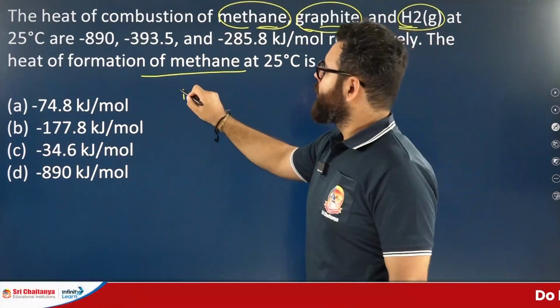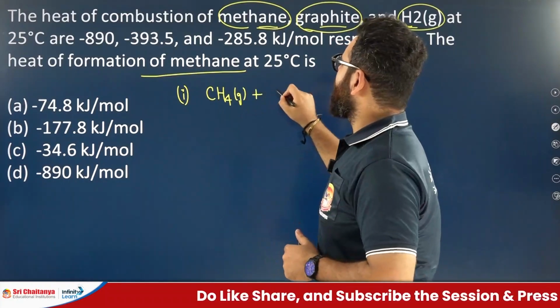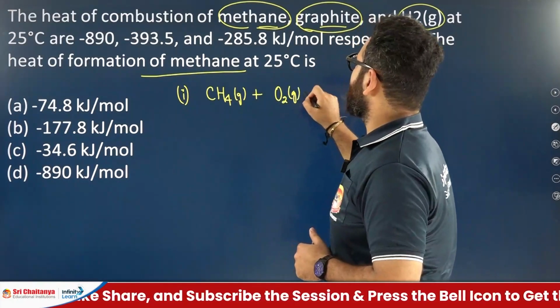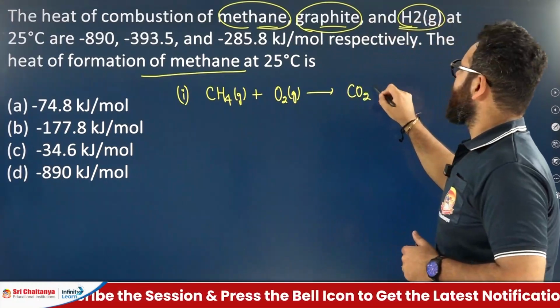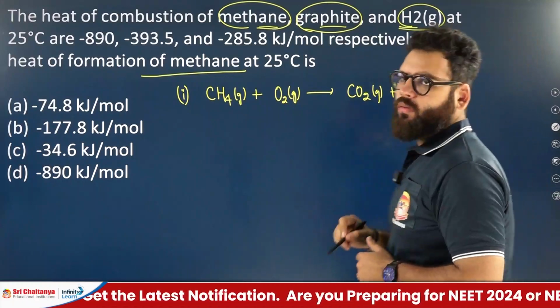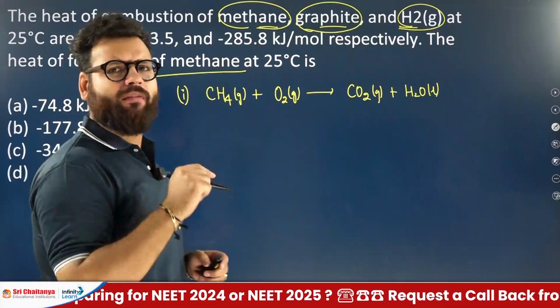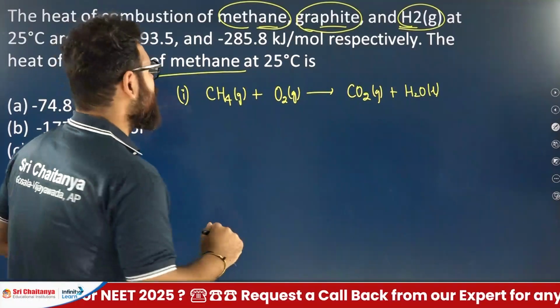First reaction. Combustion of methane, 1 mole of methane getting burnt in the presence of oxygen. H2O must be formed in liquid state whenever you do combustion, because at 25 degrees water is liquid.